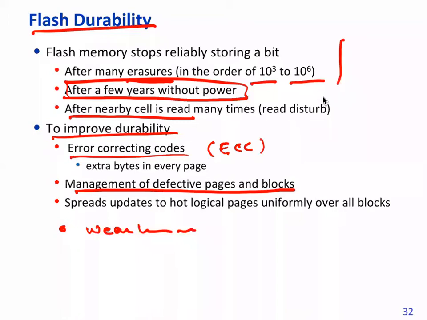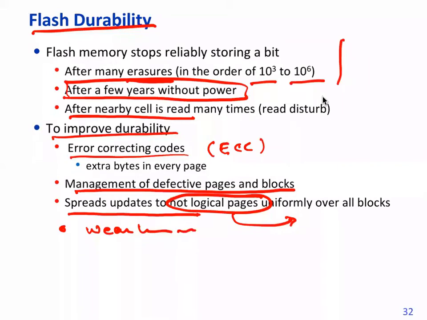All right, and another thing is they spread the updates. If certain locations are heavily used, basically hot logical pages, they are spread uniformly. A logical page is a concept of address space, right?